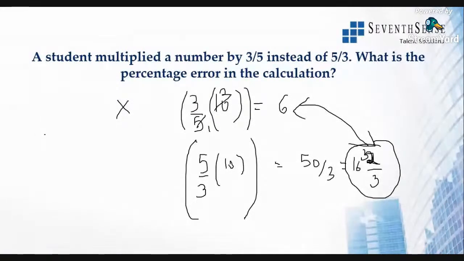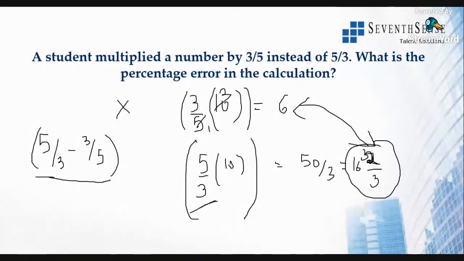So the error made is 5 by 3 minus 3 by 5, right? Originally it was supposed to be 5 by 3, instead he is using 3 by 5.